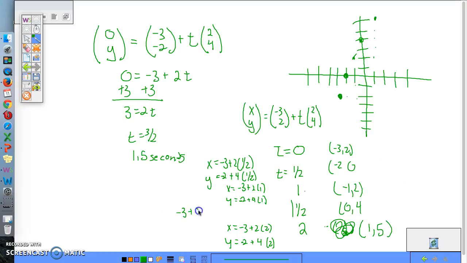So x is -3 plus 2 times 1/2, and y equals 2 plus 4 times 1/2, and we end up at 4.